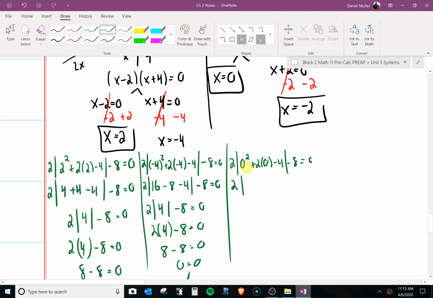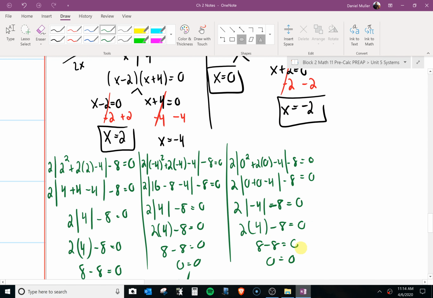So 2 and 0 squared is 0, plus 2 times 0 is 0, minus 4, minus 8 equals 0. Now 0 plus 0 minus 4 is negative 4, minus 8 is equal to 0. Now the absolute value of negative 4 is positive 4, and again I get the exact same thing. 2 times 4 is 8, 0 equals 0. Okay, so far they've all worked.